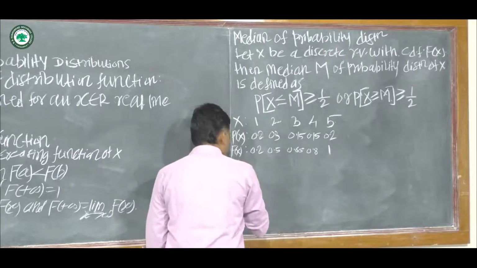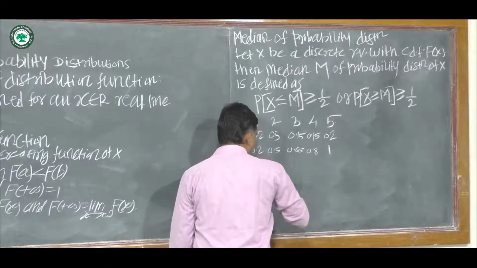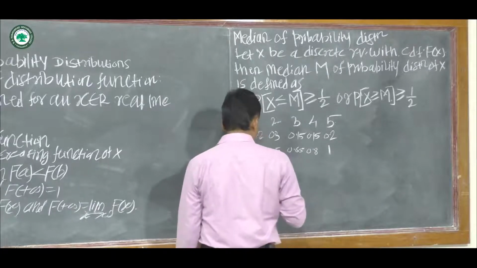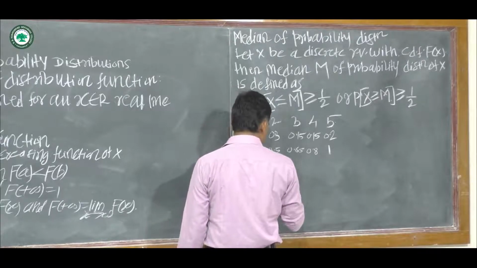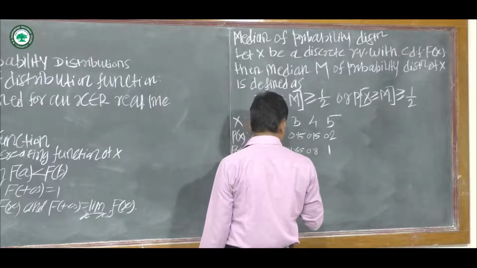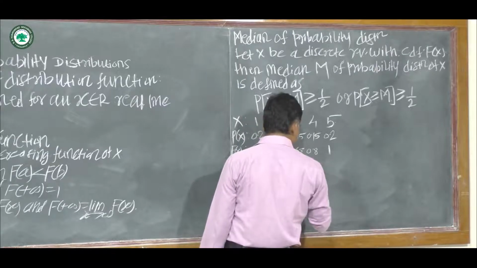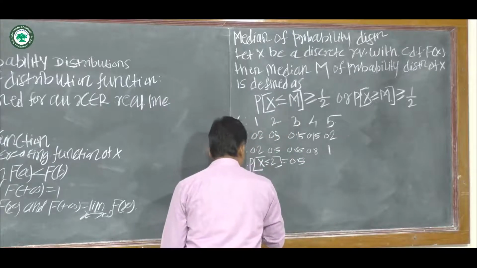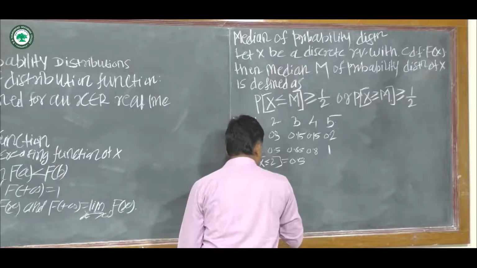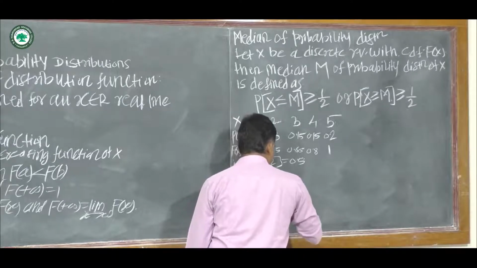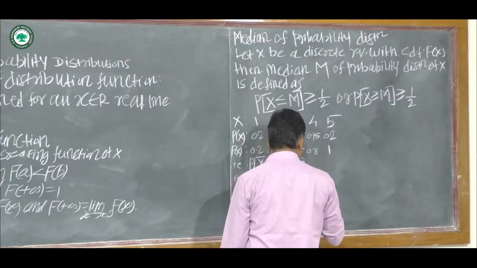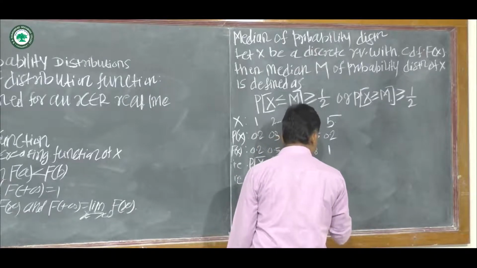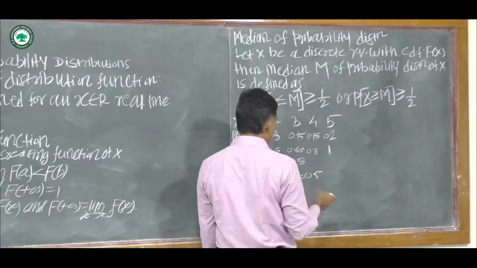That is, here the probability of x less than or equal to 2 is equal to 0.5. That is, probability of x equal to 1 plus probability of x equal to 2 is equal to 0.5.